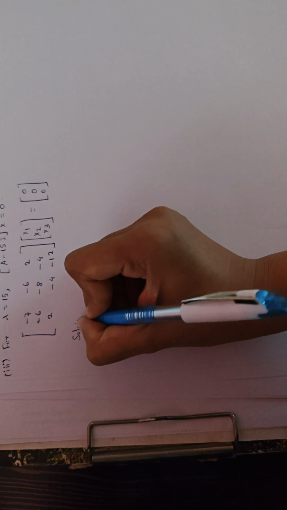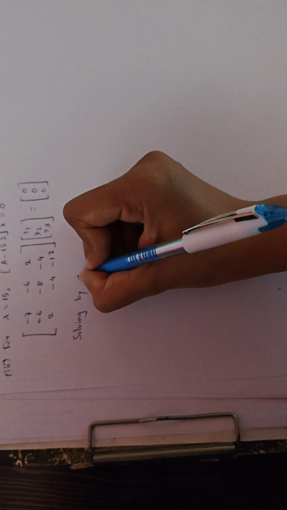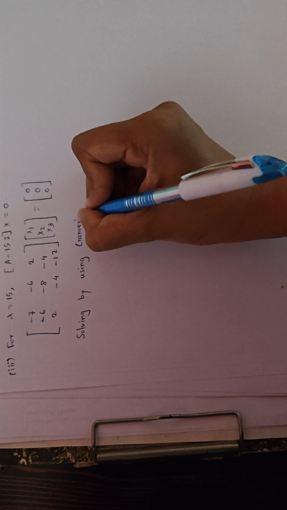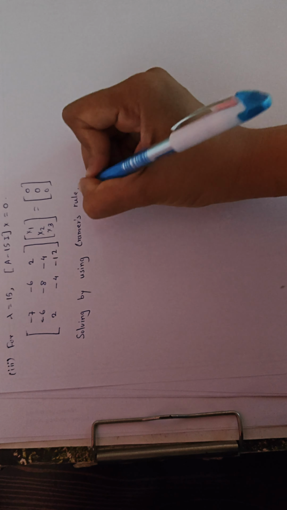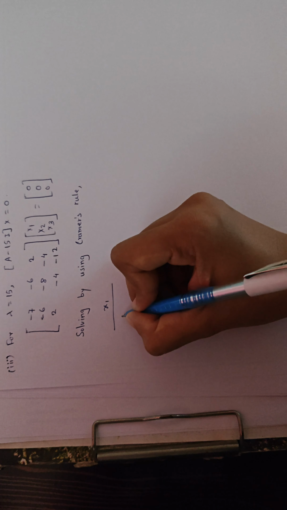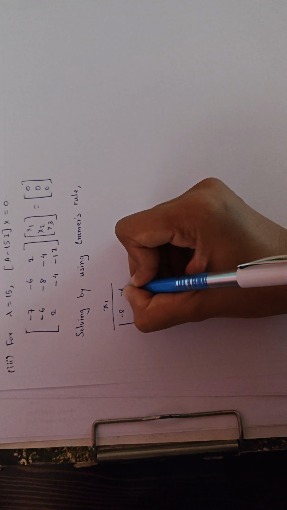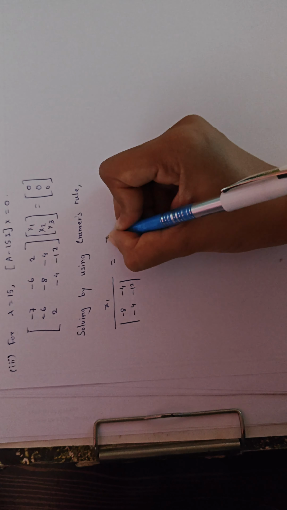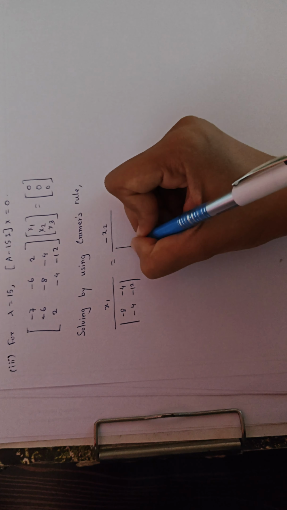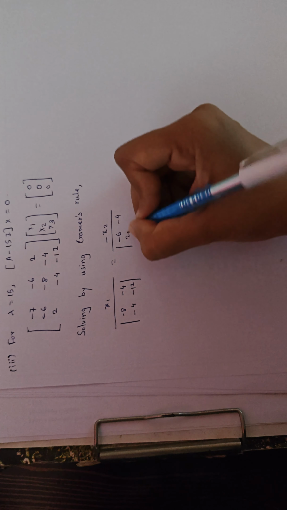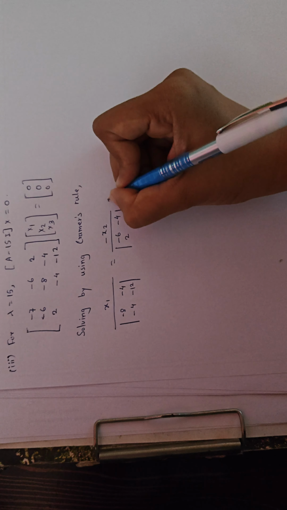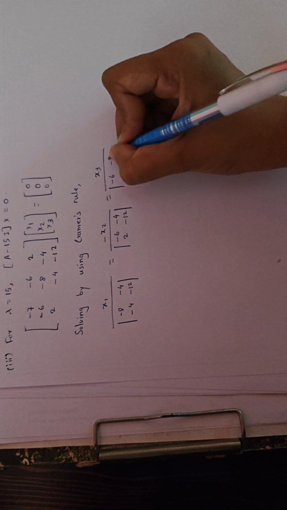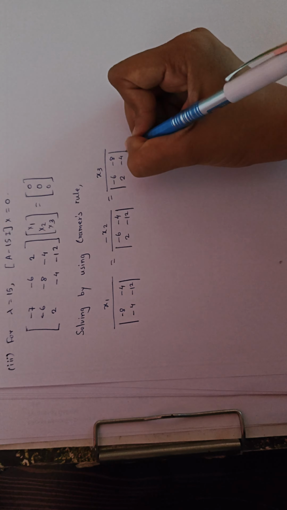Solving by using Cramer's rule, we get x1 upon determinant of [minus 8, minus 4; minus 4, minus 12] is equal to minus x2 upon determinant of [minus 6, minus 4; 2, minus 12], which is equal to x3 upon determinant of [minus 6, minus 8; 2, minus 4].